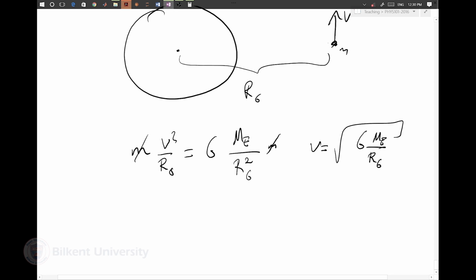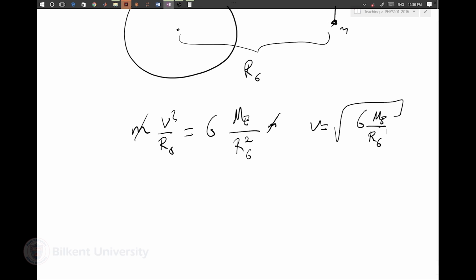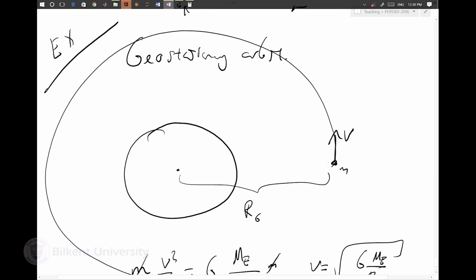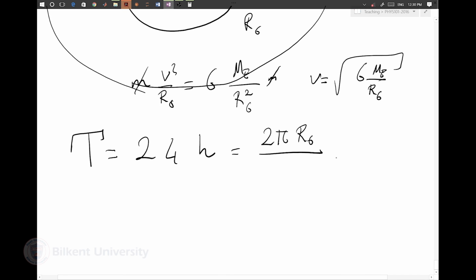What do I want this v to be? I don't want v to be something, but rather what I want is the period to be 24 hours. The time it actually takes for this object to go through one orbit is 2 pi r_G divided by this velocity.